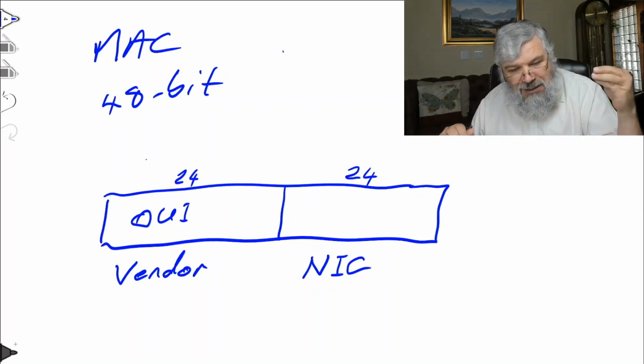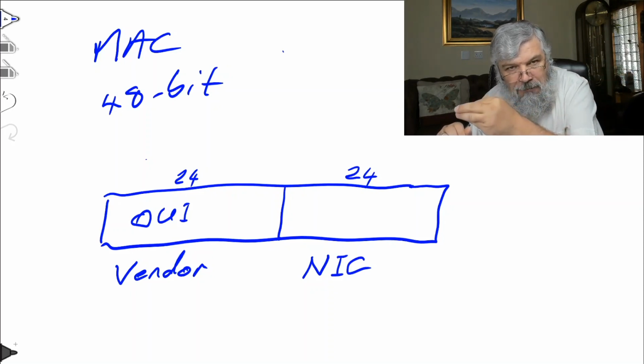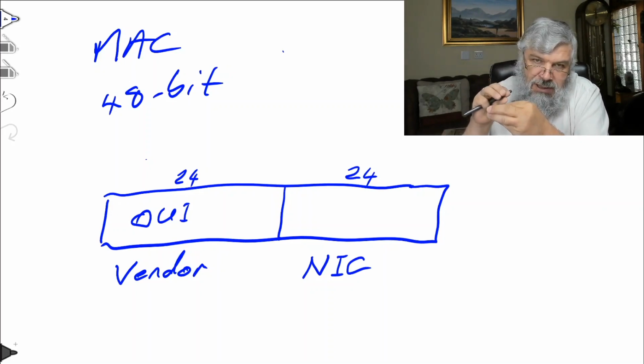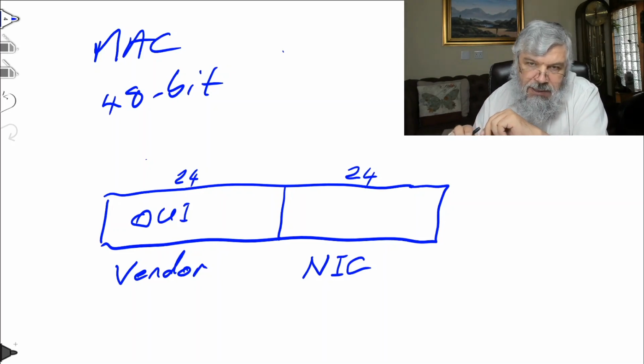So it's sent out on this medium, and all the computers that are connected to the medium will compare the destination MAC address with their own MAC address, and then if they recognize it, they will listen and take it off. So you cannot have duplicate MAC addresses on a single bus. That's the real requirement.